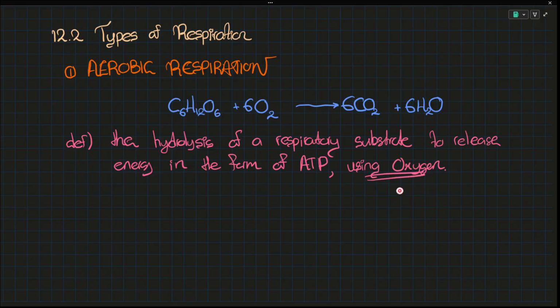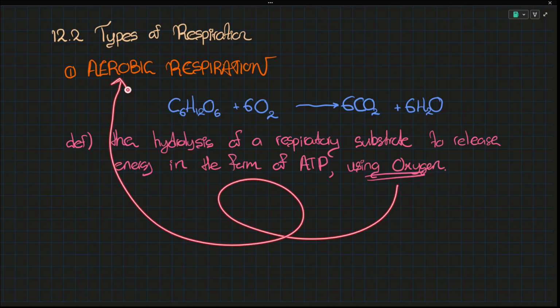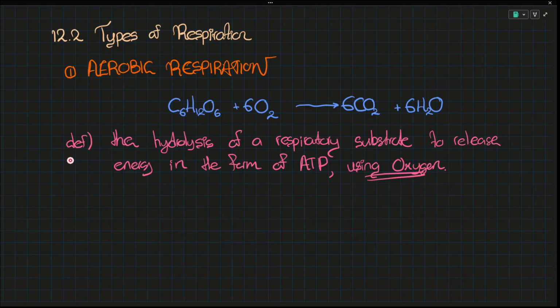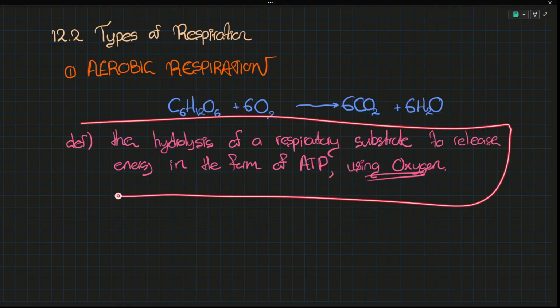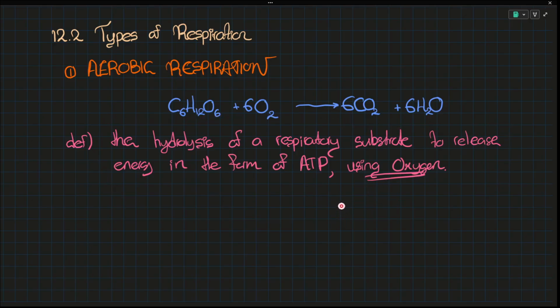This is what denotes the entire aerobic part of this definition. So if you have a keen, sharp mind, you will understand that when we are defining anaerobic respiration, we'll have the same exact definition, but we'll say without using oxygen. Simple, right?